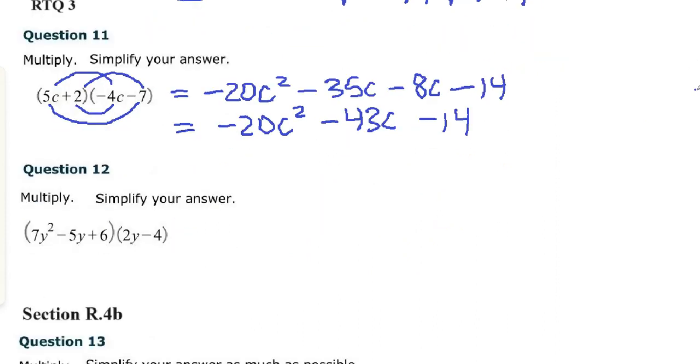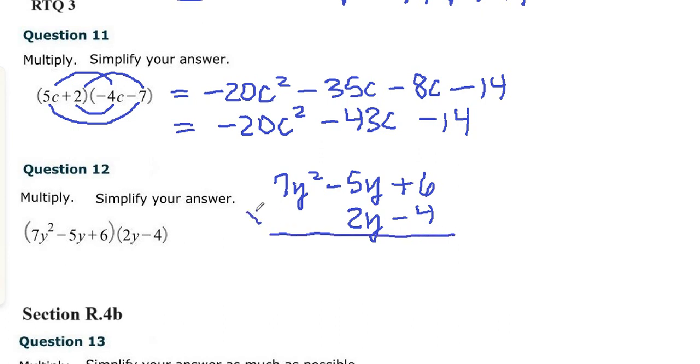And then our last one here, we've got 3 terms times 2 terms. So these I like to do a vertical multiplication. So 7y squared minus 5y plus 6. And then underneath we've got 2y minus 4.